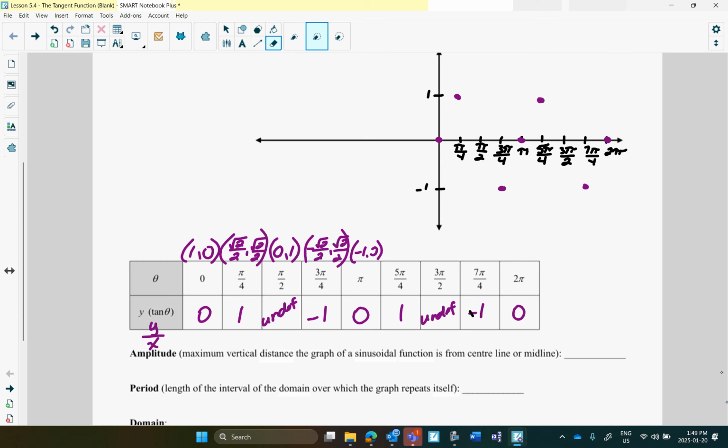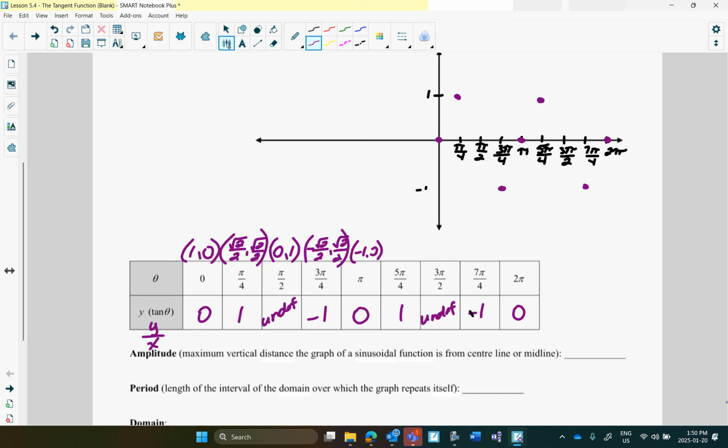Well, remember, we go from here to here, so it's going to be something. But I don't know if it's a curve. I don't know if it's a straight line. I'm not sure. It almost looks like you can go like this. However, there's that pi over 2 and 3 pi over 2, where it's undefined.